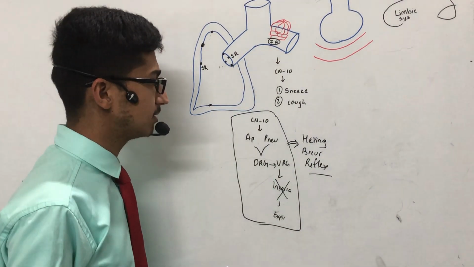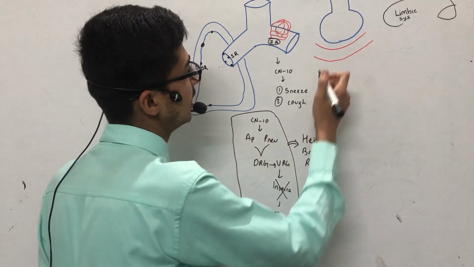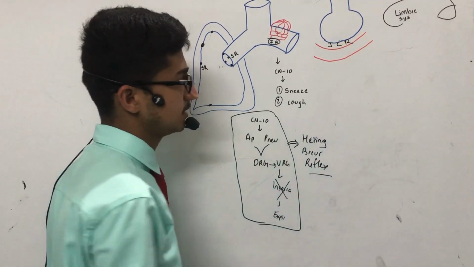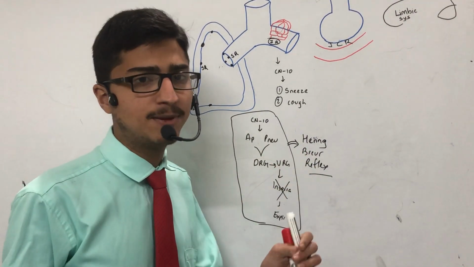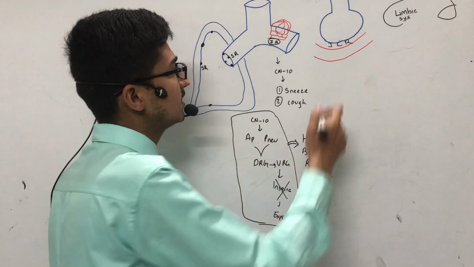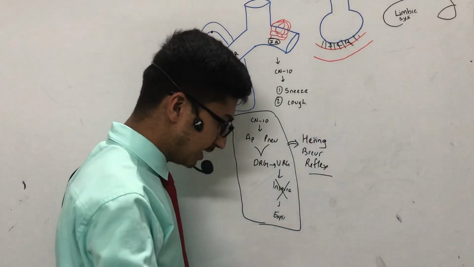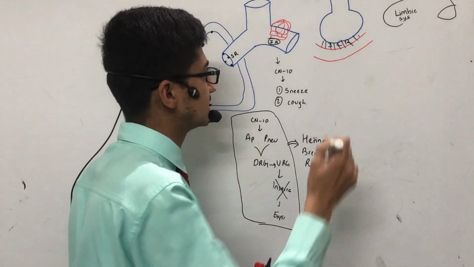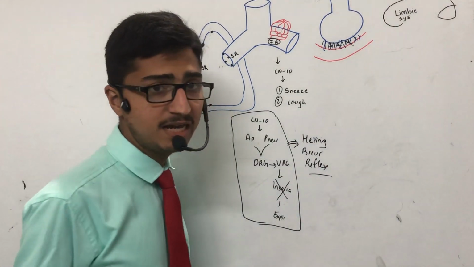Another is irritant receptors. The third receptors present inside are JC receptors. Now what do I mean by JC receptors? They are nothing but juxtacapillary receptors. They are present somewhere here. They get activated when we are suffering from a disease like pneumonia or pulmonary edema.